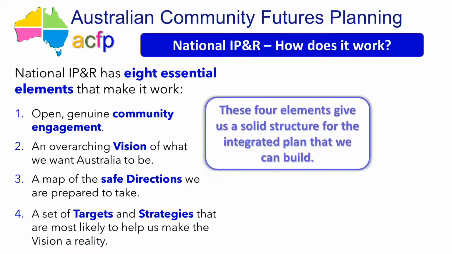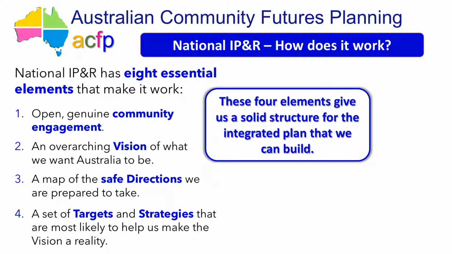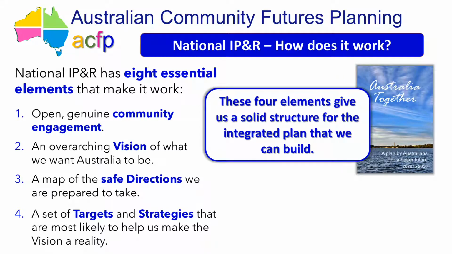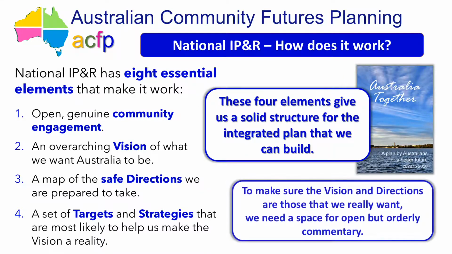These 4 elements give us a solid structure for the integrated plan that we can build, Australia Together, our first National Community Futures Plan. But to make sure the vision and directions are those that we really want, we need not just a public open space on the internet, but a way to be orderly in our commentary within that space.